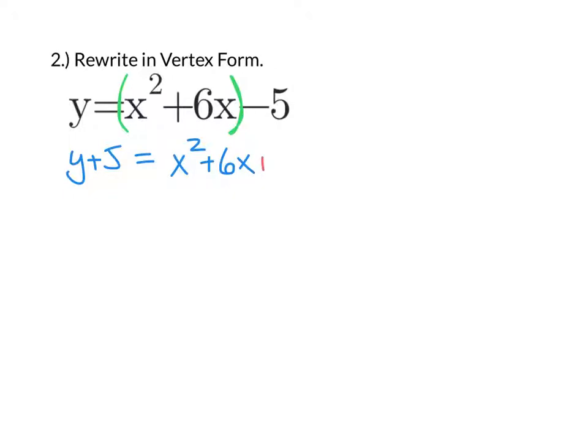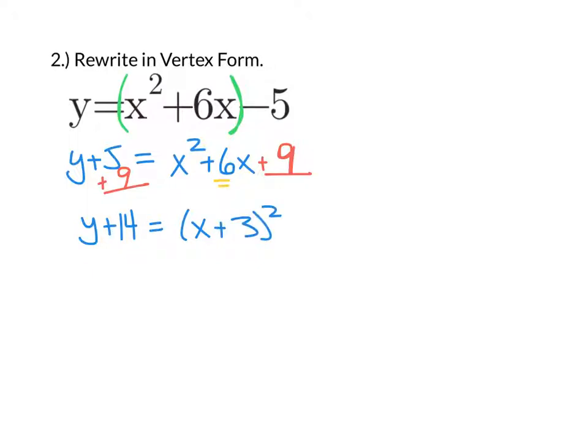In order to complete the square, I have to figure out how much to add. And that's going to come right off of this 6. We take half of 6, which is 3, and square it. That'll give me that constant. Because I added 9 to the left, I have to add 9 to the right as well. Now my equation is sitting at y plus 14 is equal to a perfect square, (x plus 3) squared.